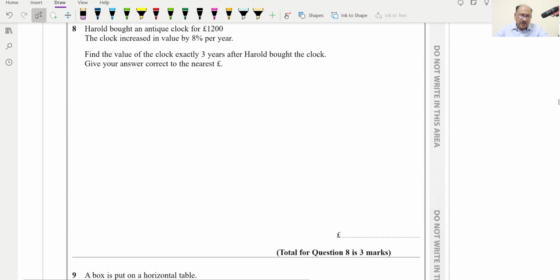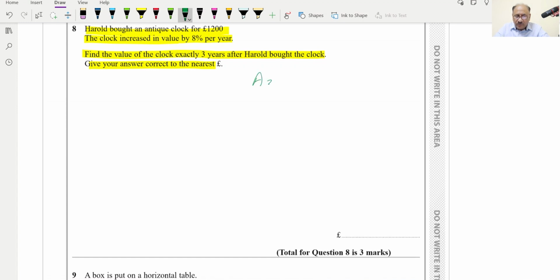Now question number 8. Question number 8 says Harold bought an antique clock for this many pounds and the clock increased in value 8% per year. After 3 years, we have to calculate the price value of that one. So we will be using the compound interest formula.